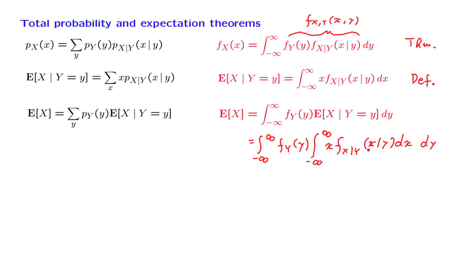And then what we do is we take this term and move it inside the integral, which we can do because this integral is with respect to x, and therefore this is like a constant.